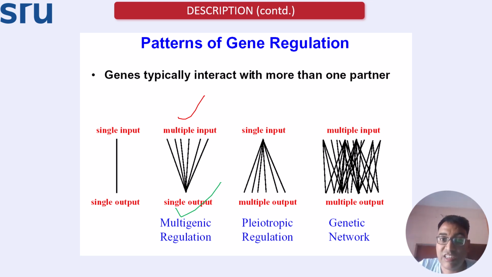Now see another difficult case. At some point of time, it is multiple input and multiple output, a complete genetic network. See, it is so beautiful. So these are four diverse strategic regulations which are governed in a cell, and the cell properly controls all of them.